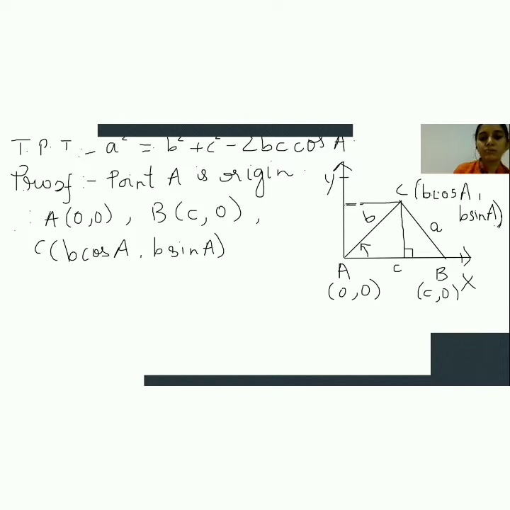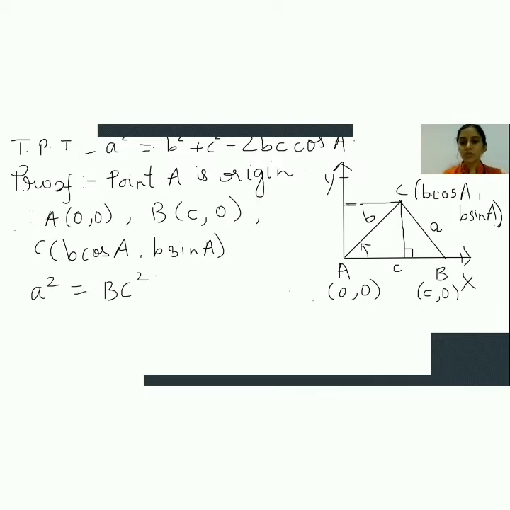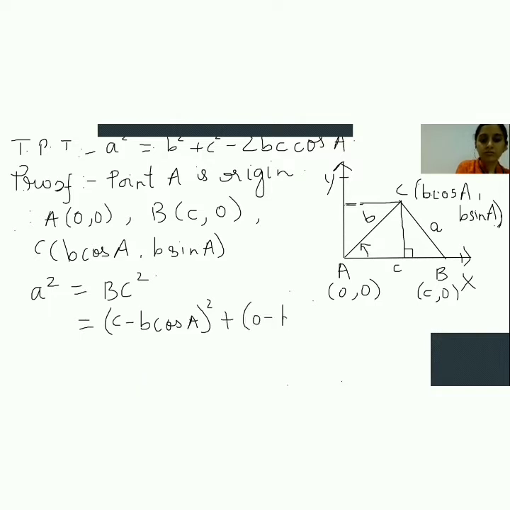Now, how will we prove a square? Our left hand side is a square. So let us start. a square is equal to BC square, correct? Now BC square by the distance formula, the distance formula for BC the whole square, which is equal to c minus b cos A the whole square plus 0 minus b sin A the whole square.